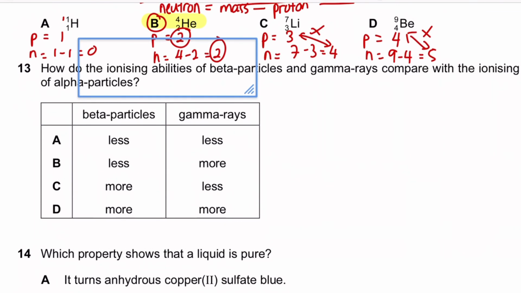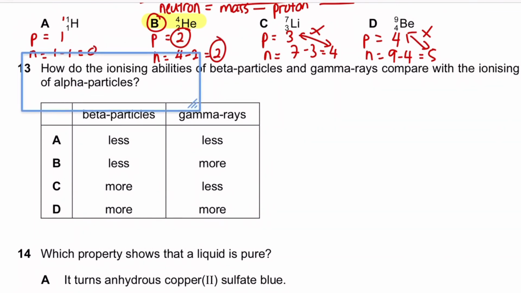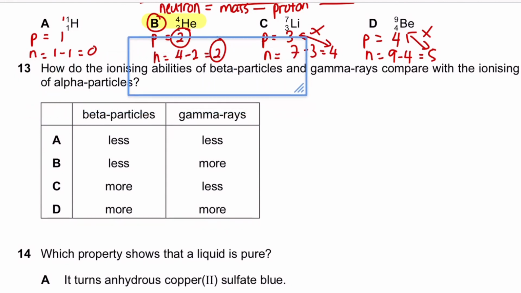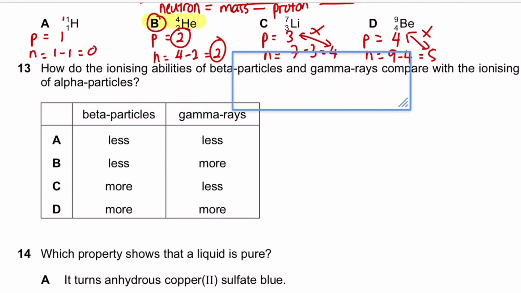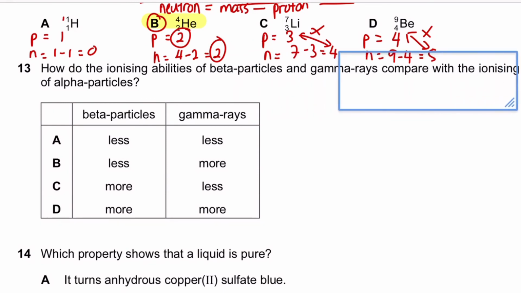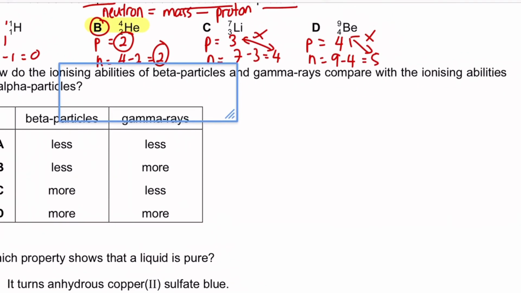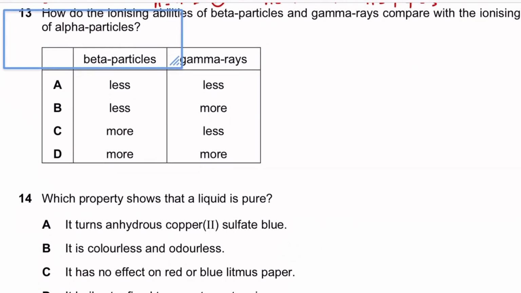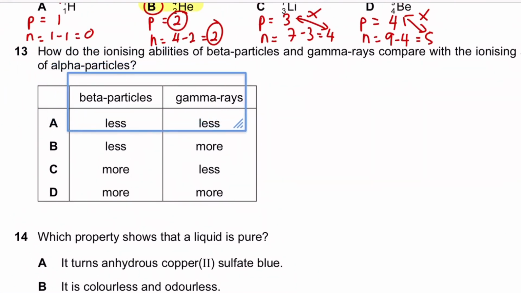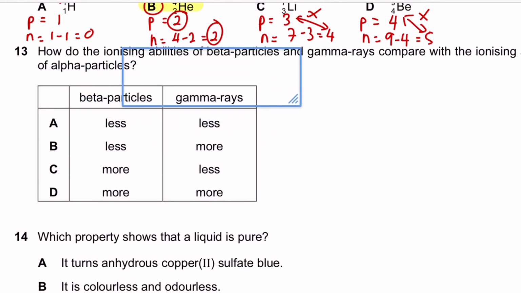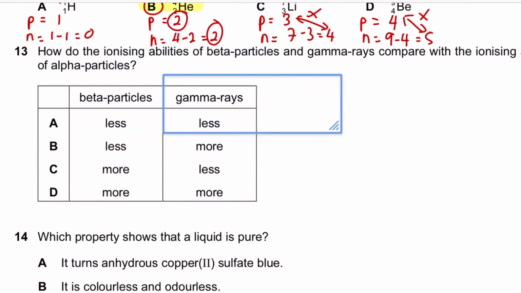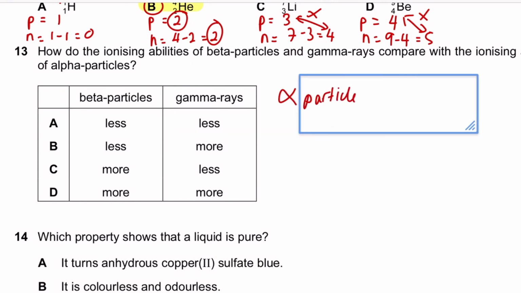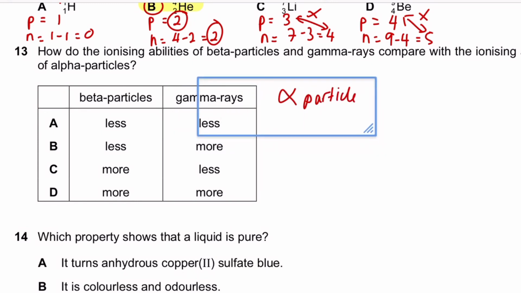Alright, last question of physics, question 13. How do the ionizing abilities of the beta particles and gamma rays compare with the ionizing ability of alpha particles? So you're given here beta particles and gamma rays to compare to alpha particles. This is more of a factual question.